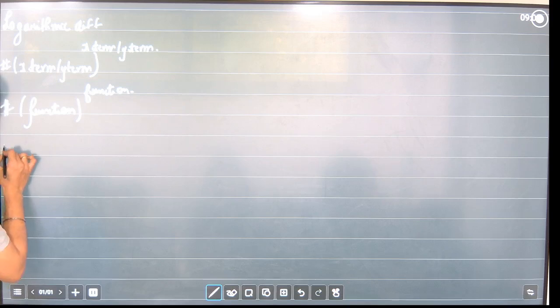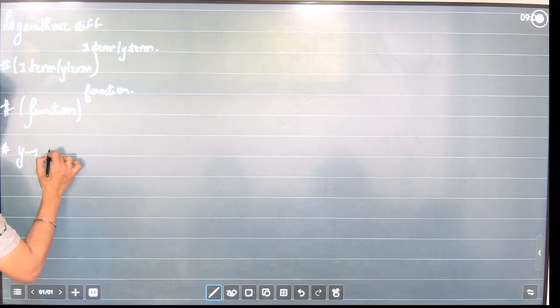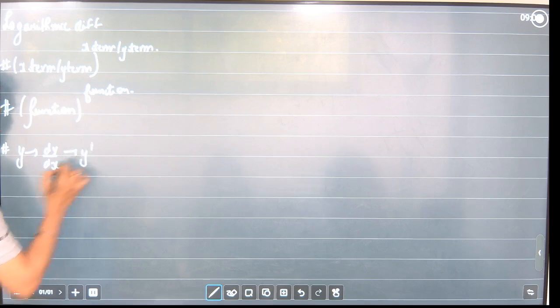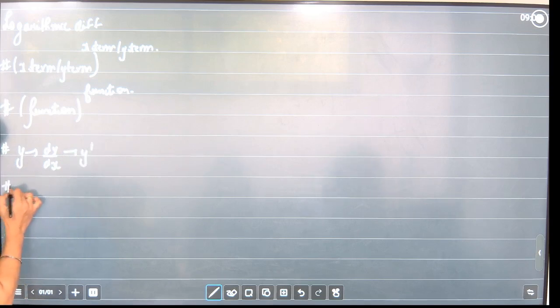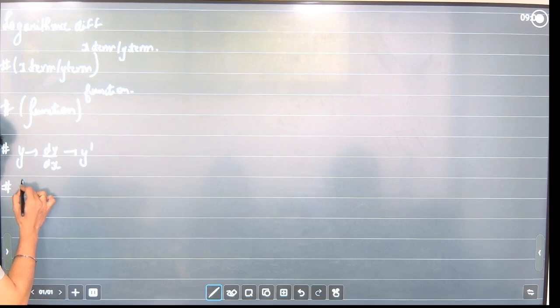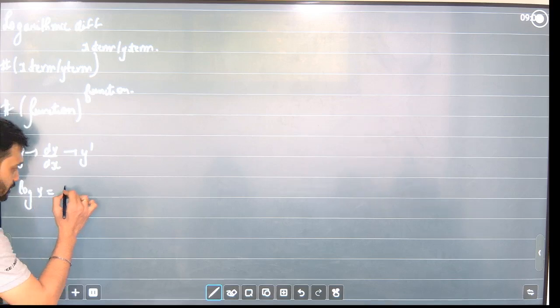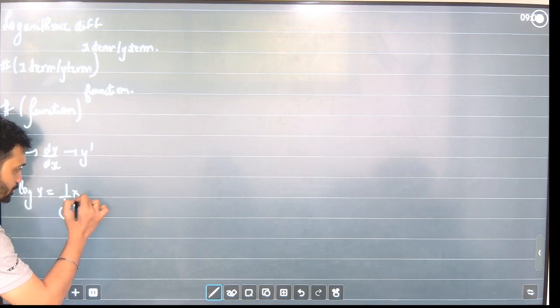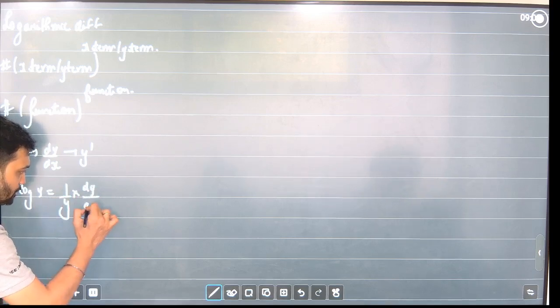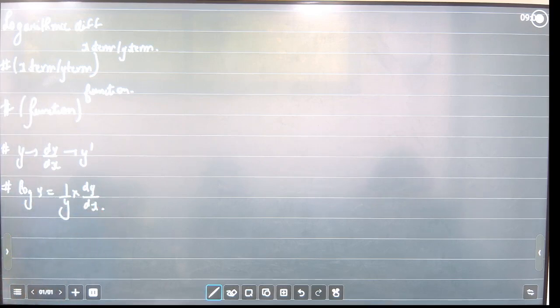Now remember certain pointers. I know that the derivative of y is dy by dx, which is also denoted by y dash. In the same way, if someone asks what is the derivative of log y, it will become 1 upon y into the derivative of y, and I know that the derivative of y is dy by dx. Does anybody have any doubts?